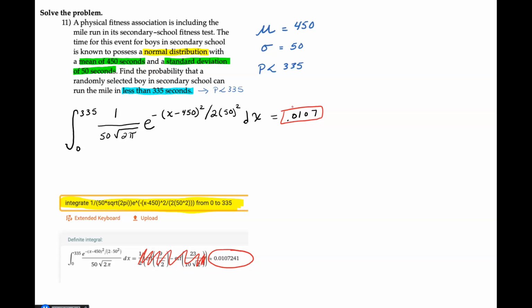So what is the probability? This 1.07 represents the percent of secondary school boys. So let me write this down, and I'm going to write down interpretation because that's important. Interpretation, because you have to understand what the data means exactly. So what does this represent?